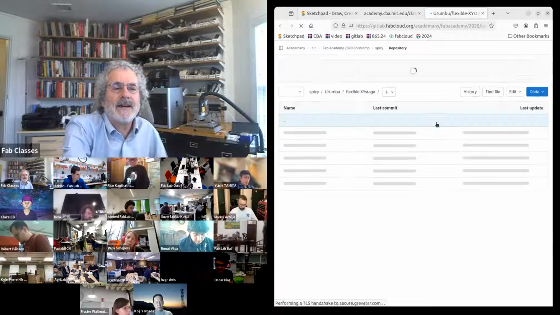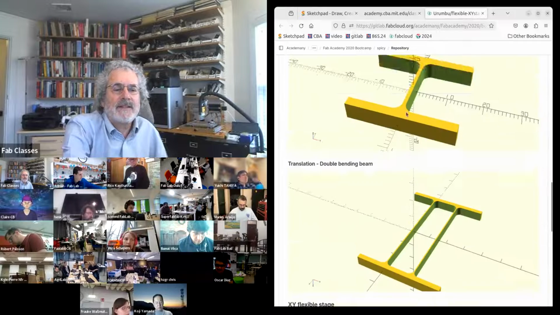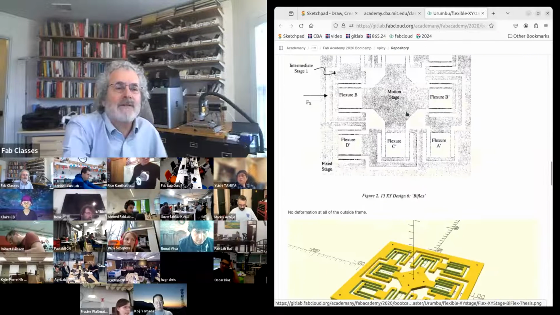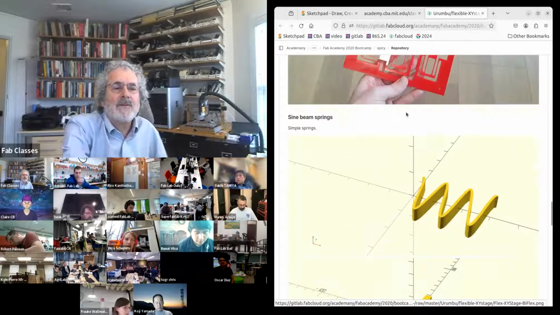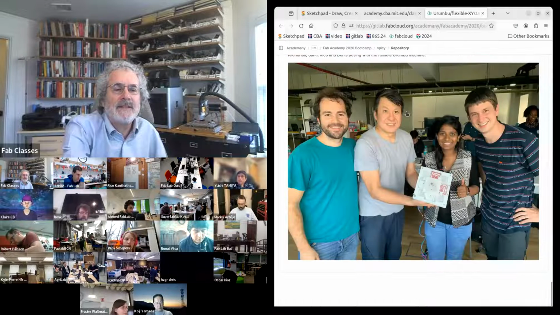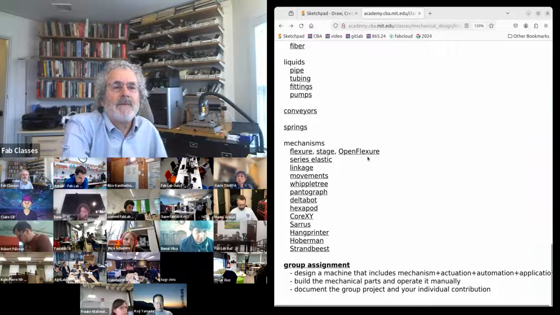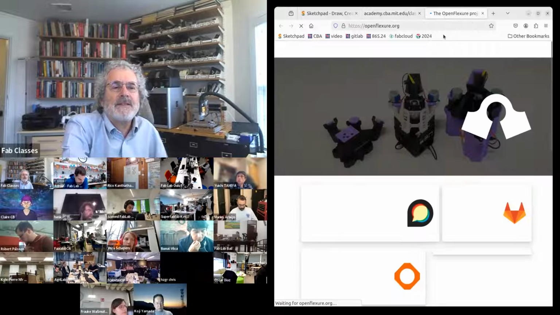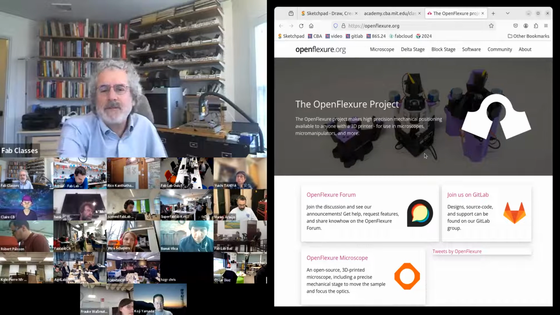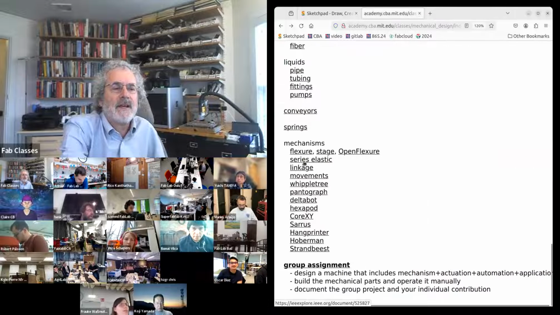This was cutting out an XY stage to make a flexure. And then building on that, this is a project making very high resolution positioning systems for microscopes, 3D printing flexures.